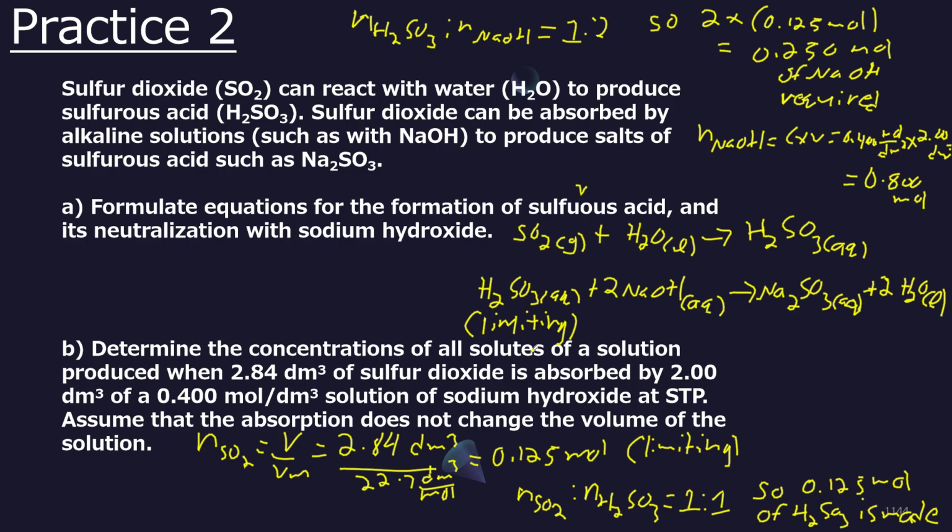Now we just need to find out how much sodium hydroxide will be remaining and how much sodium sulfite will be produced. So for remaining NaOH, excuse me, I'm just going to be writing all over the place, trying to find some space, but I'll try to label things. So the remaining NaOH will just be the total amount that's in the solution, 0.8, minus the amount required, 0.25.